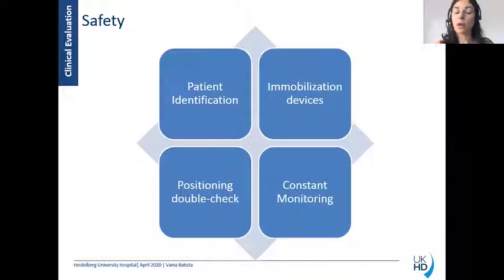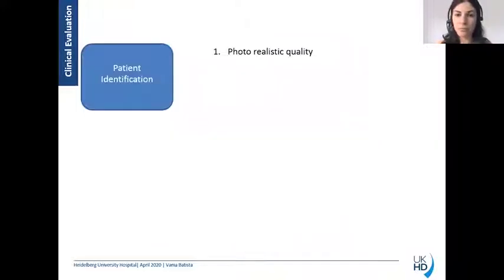You can also have constant monitoring of the patient and confirm that between the time the RTT placed the patient in the perfect position and the time the RTT goes outside and presses the button to start the treatment, there were no variations, no changes in the patient position.